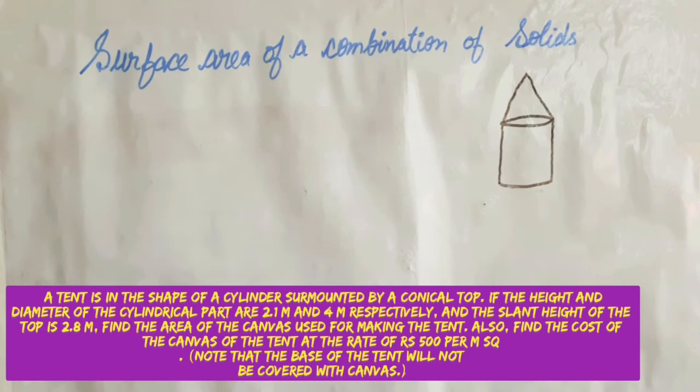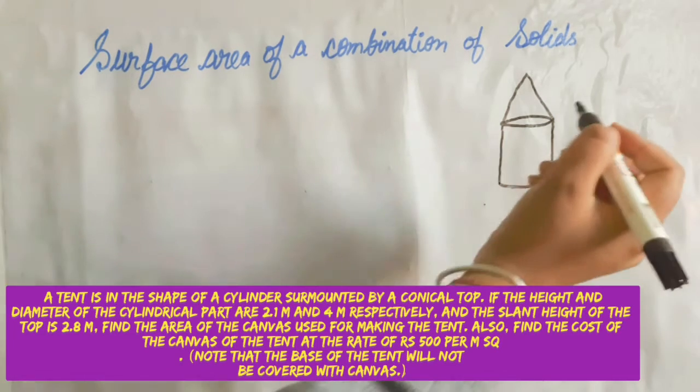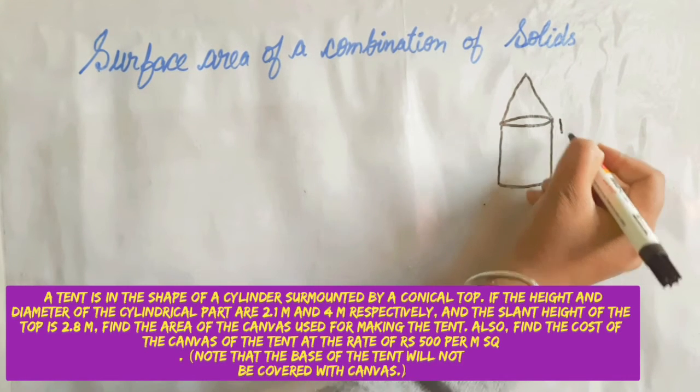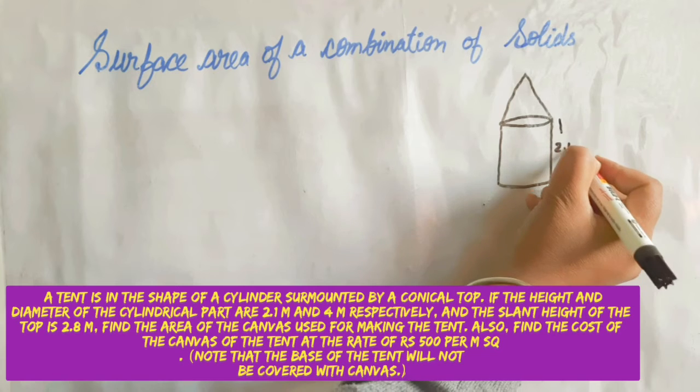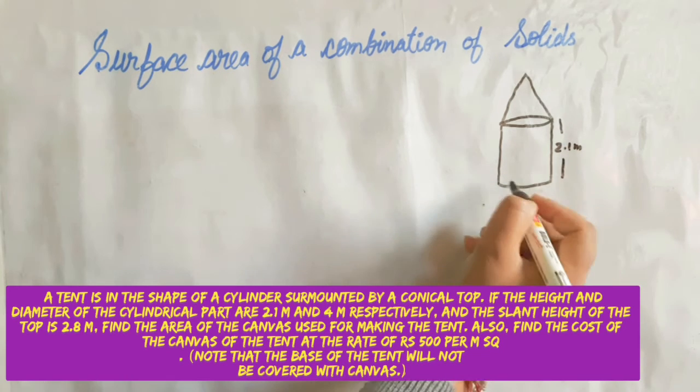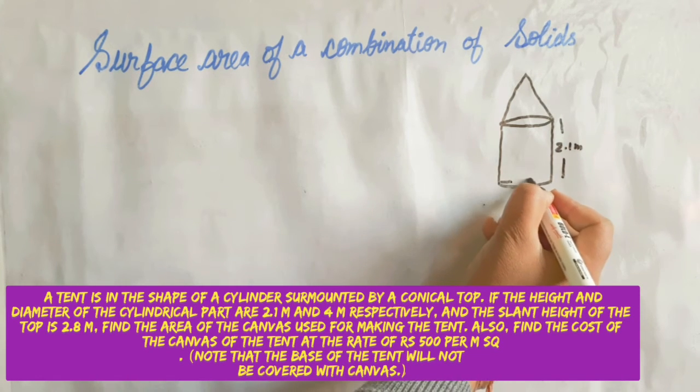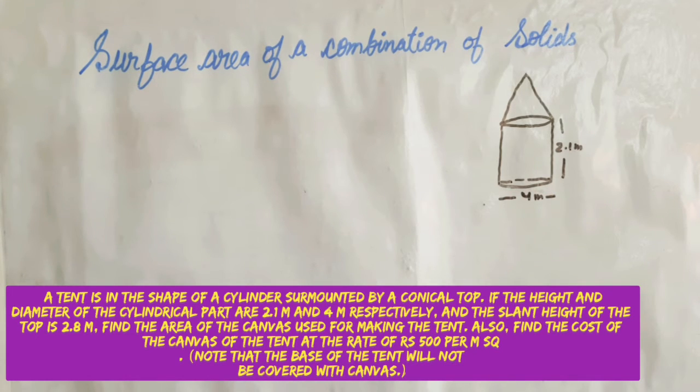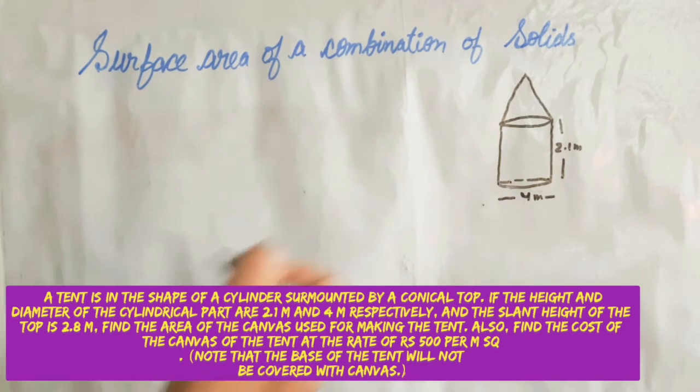Now see the dimensions. If the height and diameter of cylindrical part is 2.1 meter and 4 meter respectively, its height is 2.1 meter and the diameter is 4 meter, then the same will be the diameter of cone also.